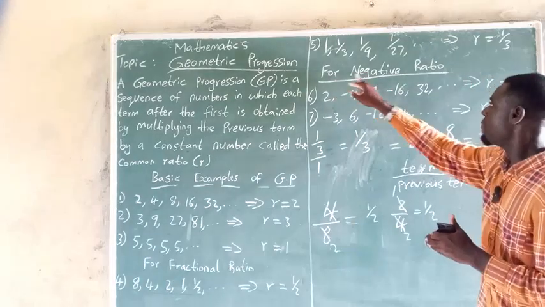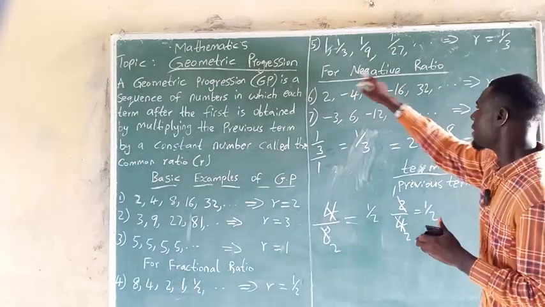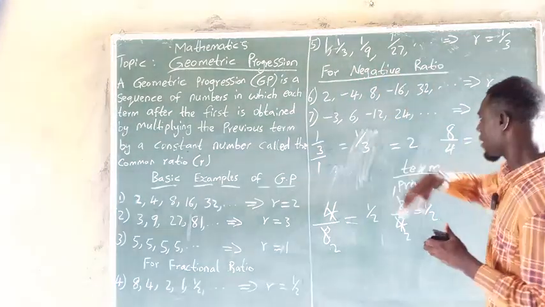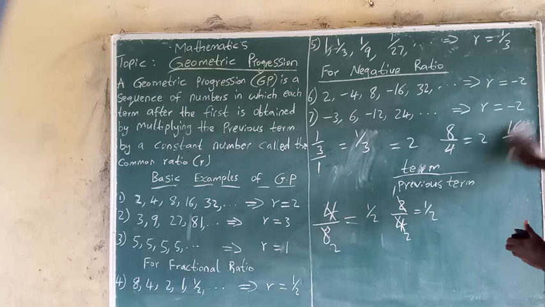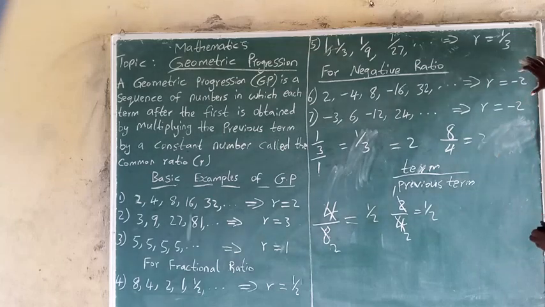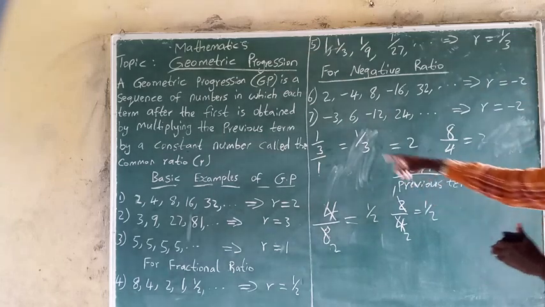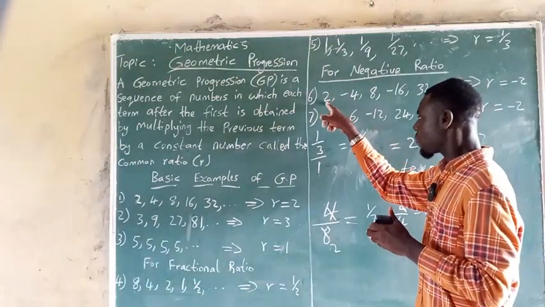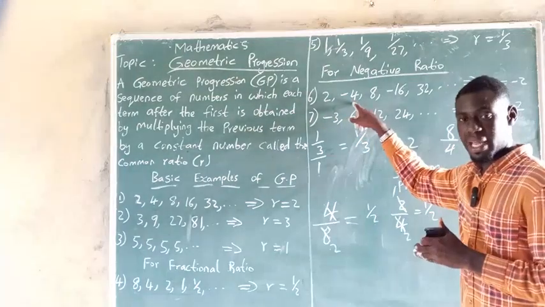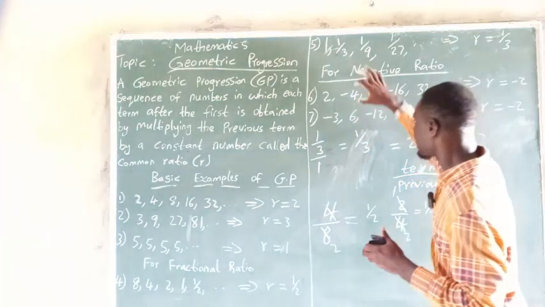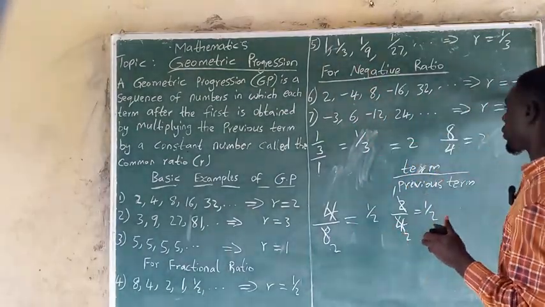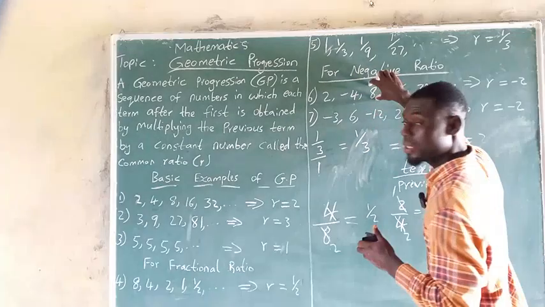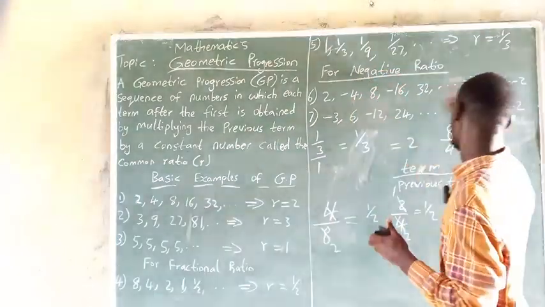What happens for a negative ratio? For example, if your common ratio is negative. Now if I have the first term to be 2 and the next one to be negative 4, you already know that when negative 4 is divided by 2, you have minus 2. When 8 is divided by minus 4, you have minus 2.